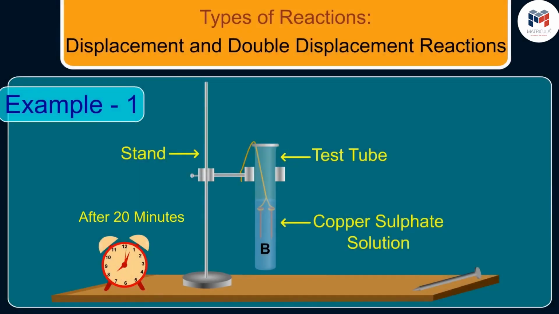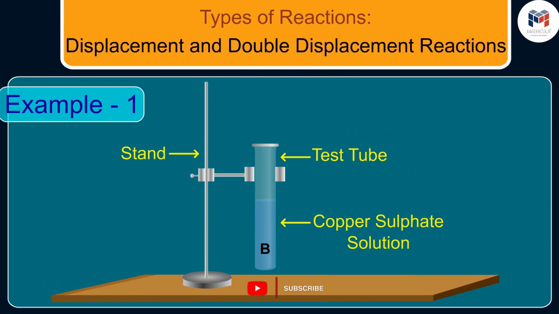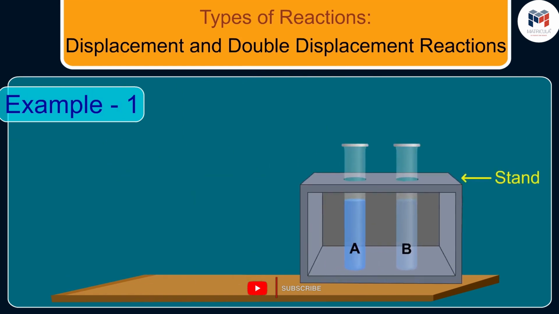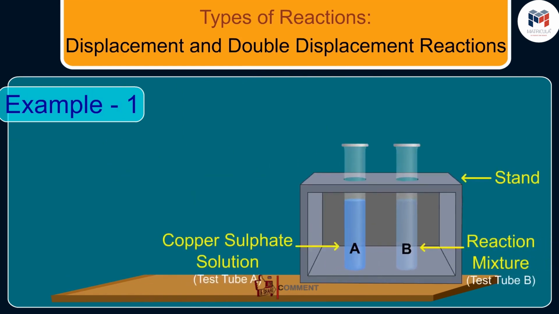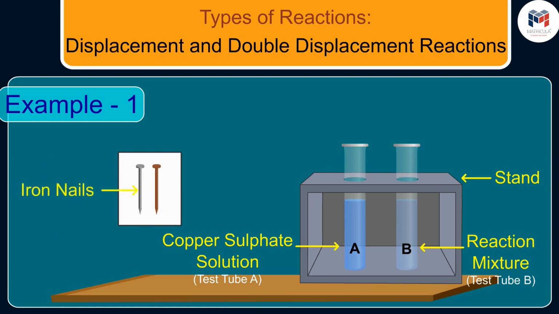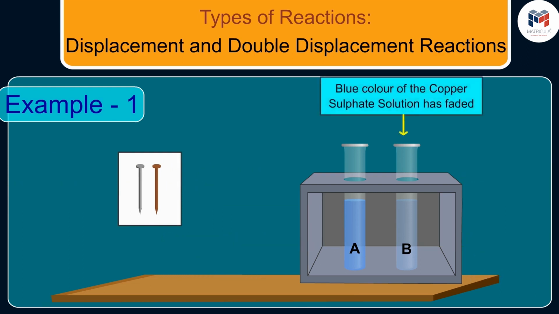After 20 minutes, take out the iron nails from the copper sulfate solution. Now, we will compare the intensity of the blue color of copper sulfate solutions in test tubes A and B, and the color of iron nails dipped in the copper sulfate solution with the one kept aside. Now, we can observe that the blue color of the copper sulfate solution has faded and the iron nail has turned brownish.